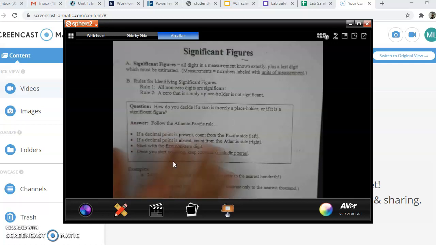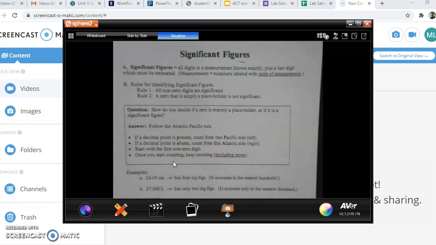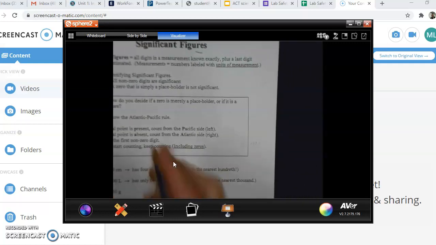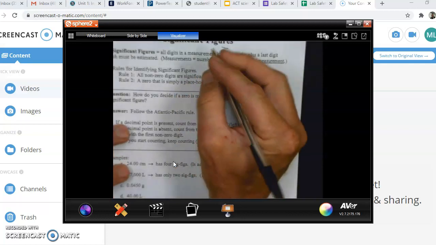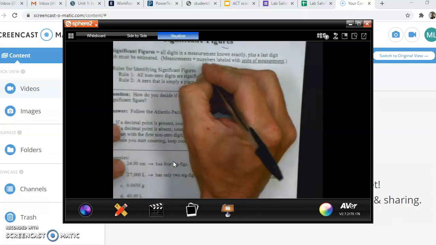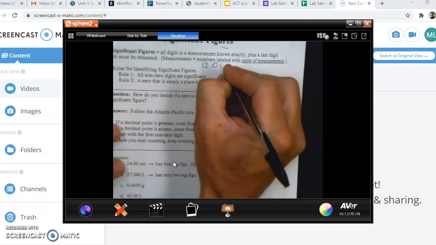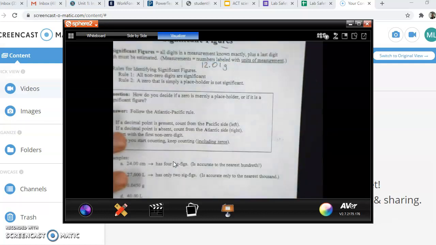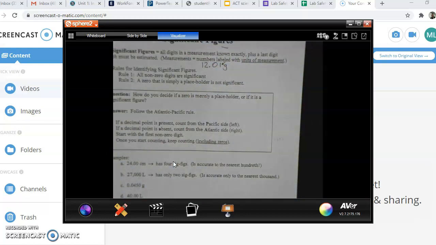So if you look at this paper that has been given to you, it says significant figures are all digits in a measurement known exactly plus a last digit which is going to be estimated. So whatever that last digit is in your number is said to be an estimated value. So for instance, if you read your scale in a lab and it came out as 12.01 grams, that one, since it's the last number, is going to be the estimated digit.